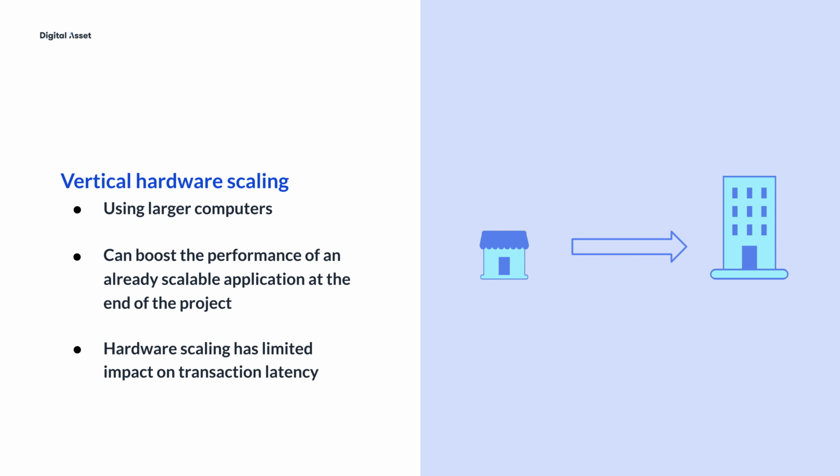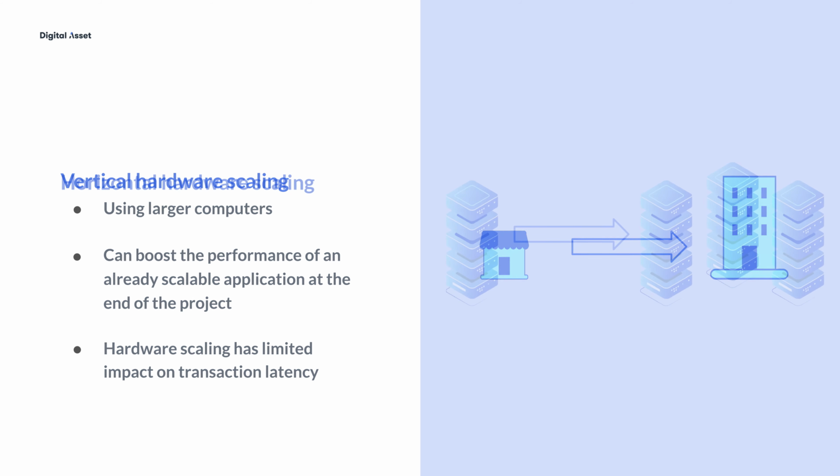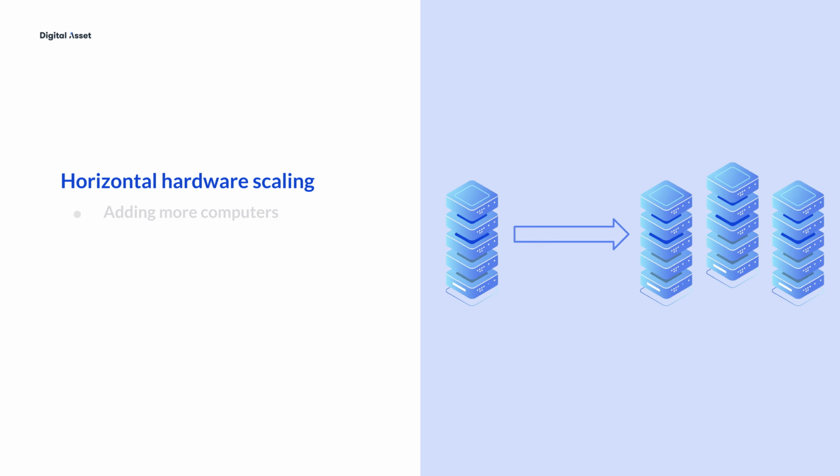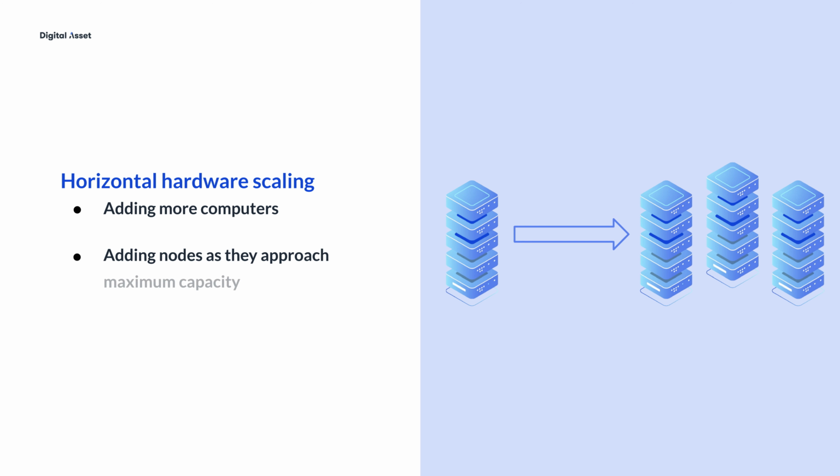When it comes to utilizing more computing resources, not all designs are equal. Horizontal scalability involves adding more computers, as nodes approach capacity, adding more nodes to share the burden. Internally, the Daml platform is designed to scale well this way, but again, your application design matters.